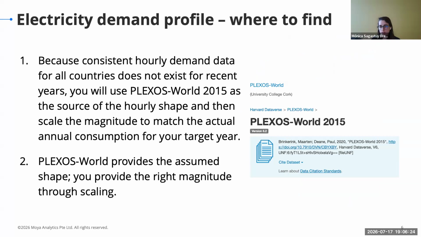So we have all of the countries in the world, their national electricity demand profiles at an hourly rate in a single data source with their own assumptions. In this way, we can obtain what the load shape is, like the diagram that we saw before. And we can have an assumption of how large this total demand will be. So we can scale that, but this will assume the same shape.